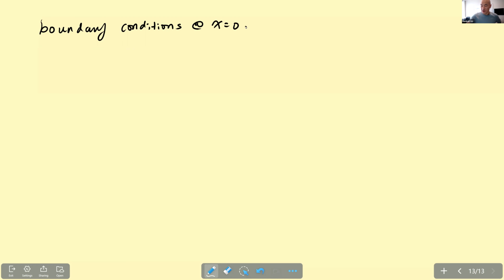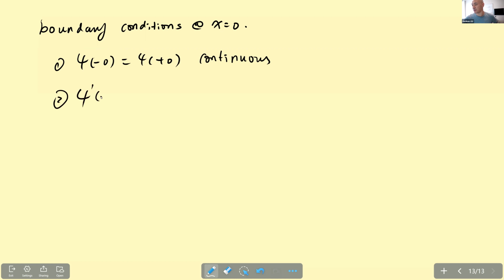Of course, first of all you have psi at minus 0 should equal psi at plus 0. That's continuous, right? So this gives you one equation. But then in general you should have this one, the continuous derivative, right?